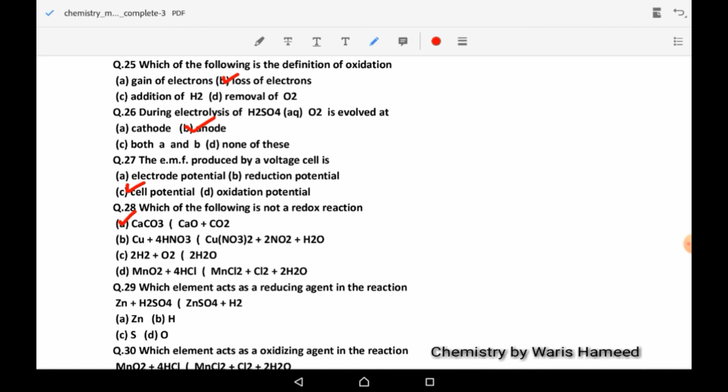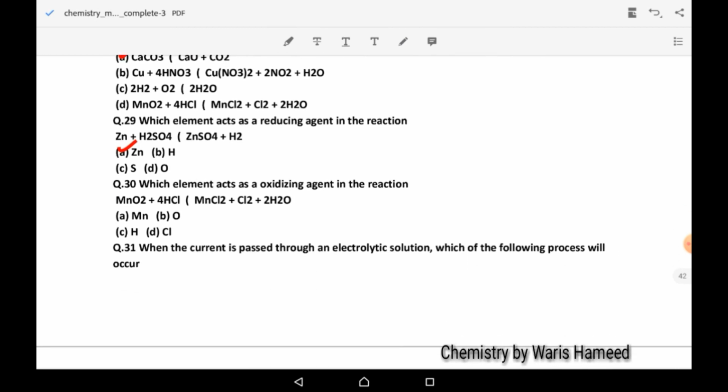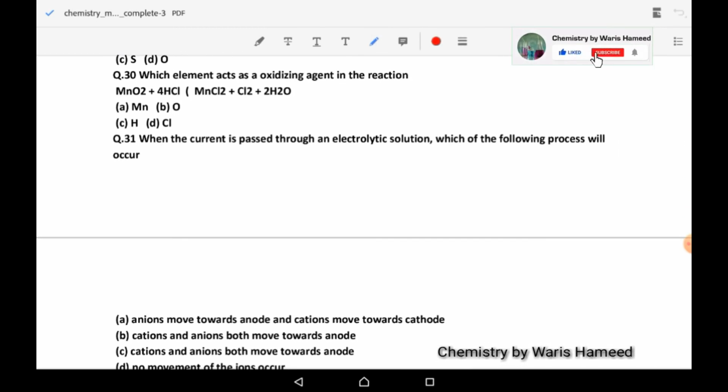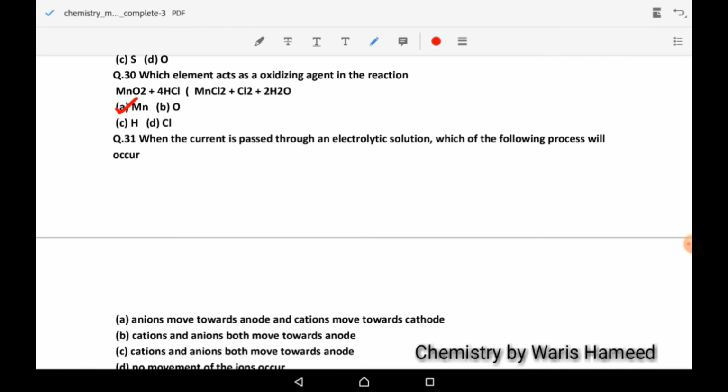So Zn will be the reducing agent. It reduces hydrogen. 30th MCQ: which element acts as an oxidizing agent in the reaction? Mn will be the oxidizing agent because it loses oxygen and oxidizes other elements.